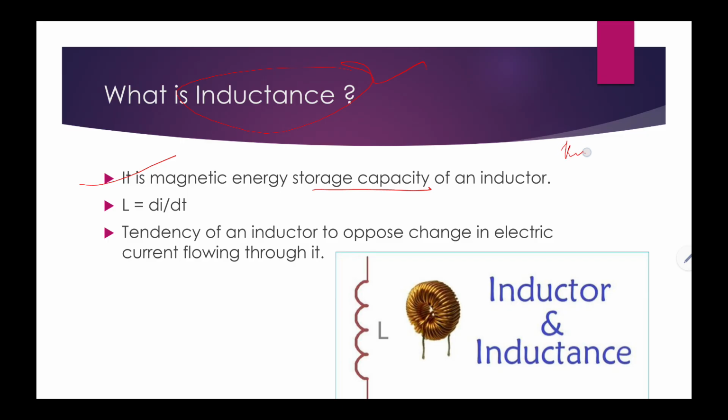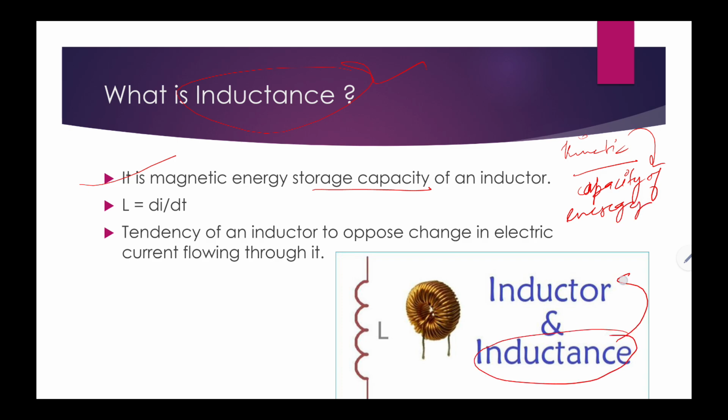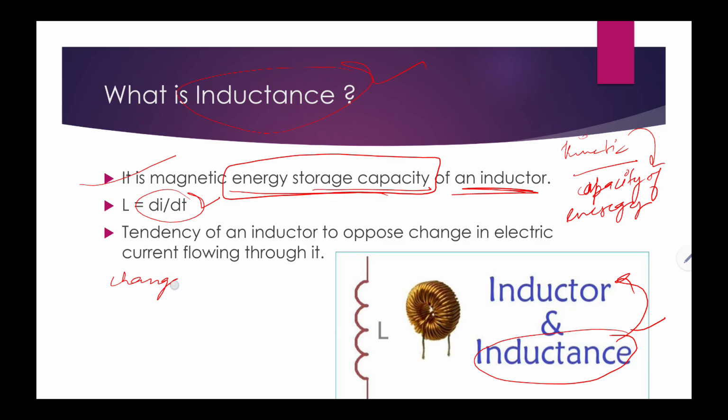The capacity of this kinetic energy storage is called the inductance of the inductor. So inductance is actually the property of an inductor, and it is the energy storage capacity of an inductor. Fine. So it is given by di by dt because it actually opposes the change in current through it.